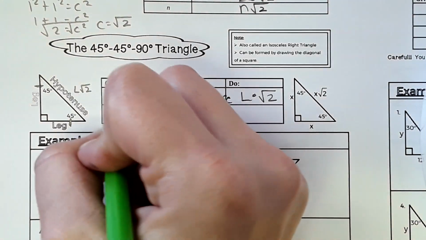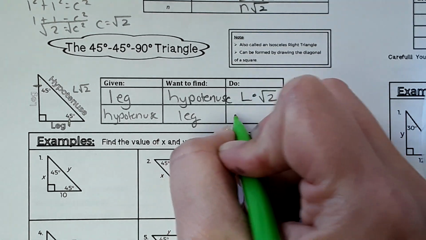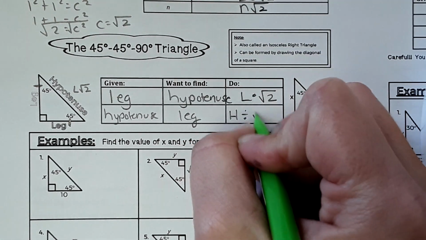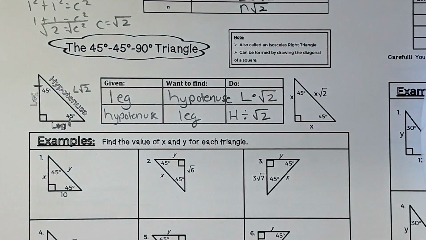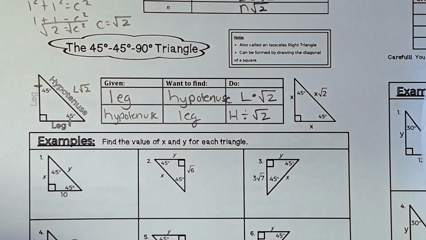And if you were given the hypotenuse and you're trying to find the leg, then you would take the hypotenuse and divide it by square root of 2. And there's a little example over here as a reference.